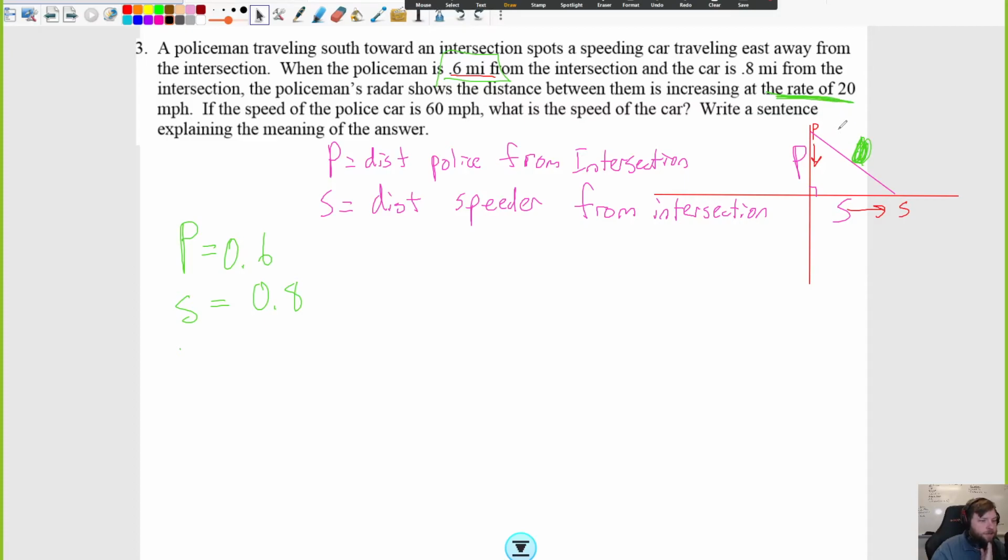Let's go B for between. dB/dt is going to be 20. If the speed of the police car is 60 miles per hour, so dP/dt equals 60. We want to find dS/dt, the speed of the other car.